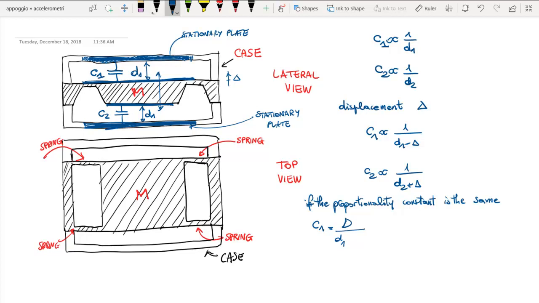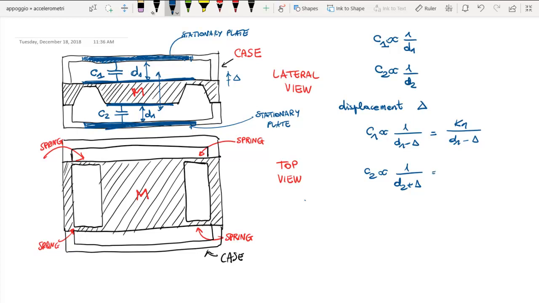Okay, no, let me remove this assumption. I make it later. Let me remove this assumption. Sorry. So let me write here the proportionality constant as something like C1 equal to K1 over D1 minus delta, and C2 is equal to K2 over D2 plus delta.